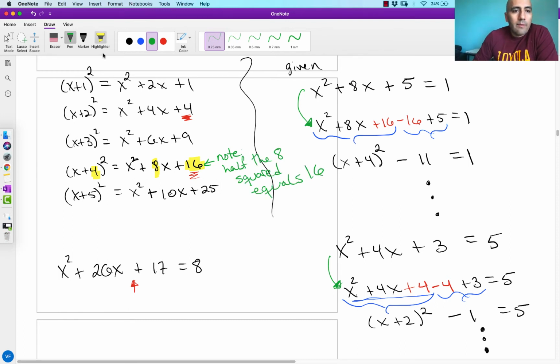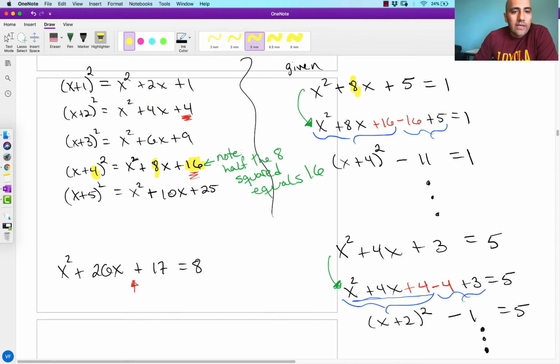right? So my point being that when I was working with this guy here, I'm at this stage, and I'm like, how do I get this 16? How do I know that I need to add 16? Well, this is what I want to do. I want to take half the 8 and square it. That's the exact same rule that happens over here.